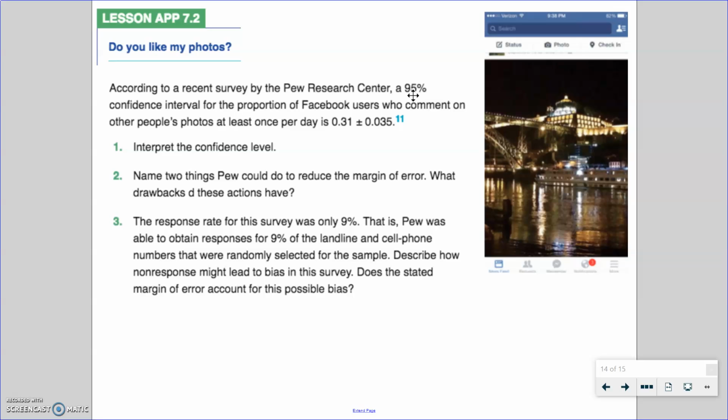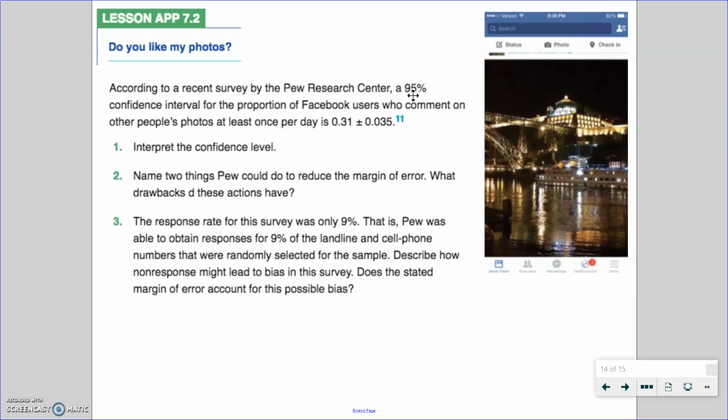Number 3, the response rate for the survey was only 9%. Ooh, that's not great. That is, Pew was able to obtain responses for 9% of the landline and cell phone numbers that were randomly selected for this sample. Describe how non-response might lead to bias in this survey. Does the stated margin of error account for this bias? Yeah, this margin of error does not account for this bias. This bias is a whole other problem, right?